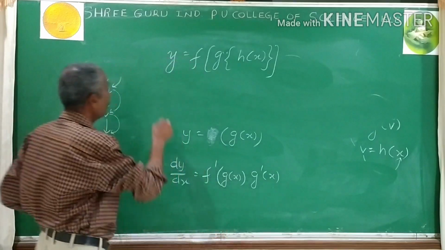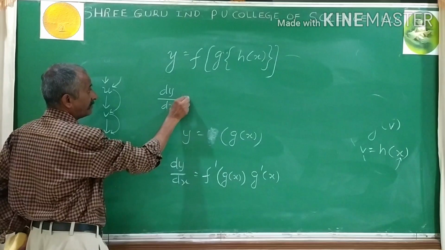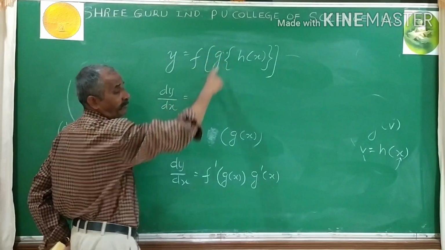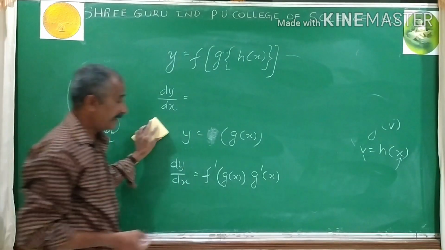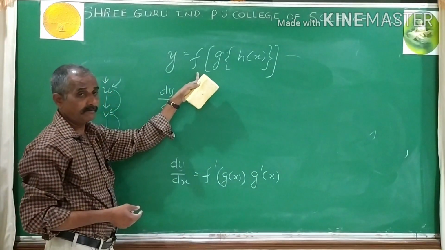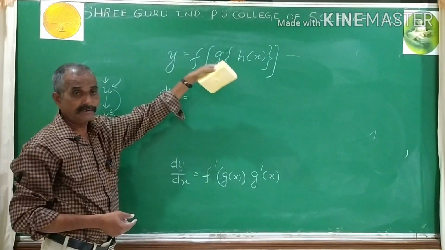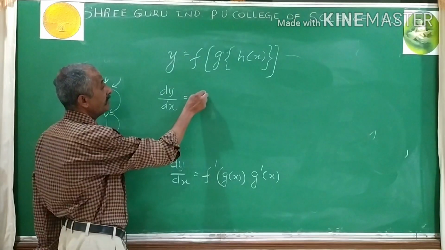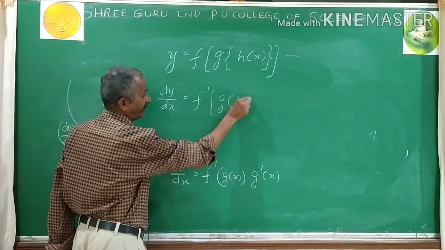Now dy by dx will be given by: first y is undergoing the f function, followed by the g function, lastly followed by the h function. Hence we need to write the first derivative of the f function multiplied by the derivative of the g function multiplied by the derivative of the h function. So now dy by dx will be f dash of g of h of x.